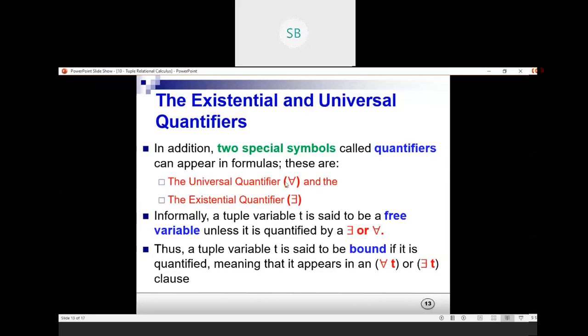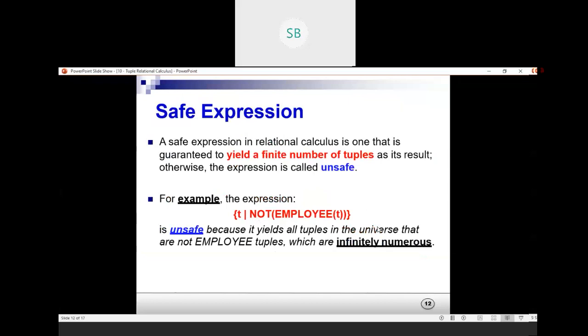A tuple variable T is said to be a free variable unless it is quantified by the existential or universal quantifier. So a tuple variable is free unless we have a quantifier involved with it. Here there is neither an existential nor a universal quantifier, so we can say that this T is free.